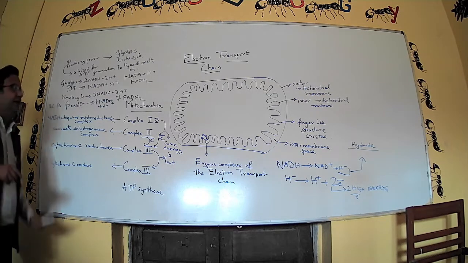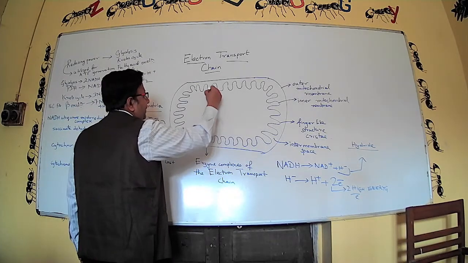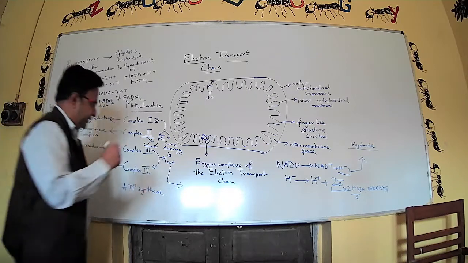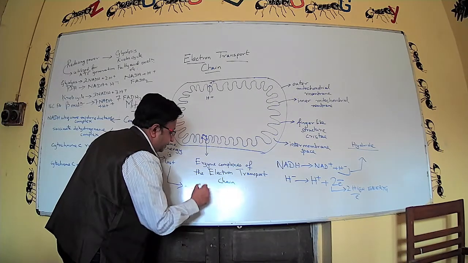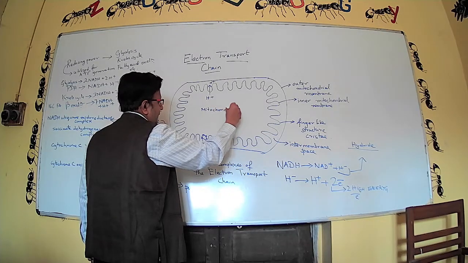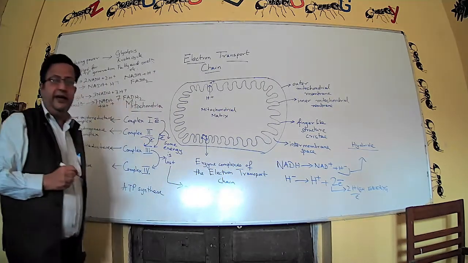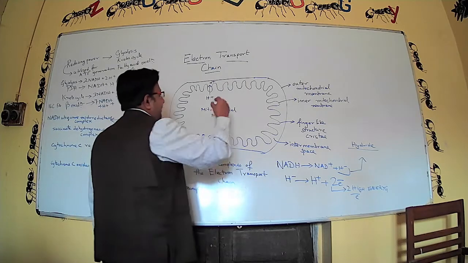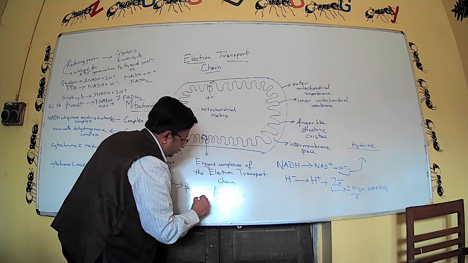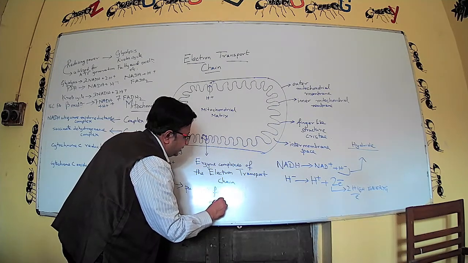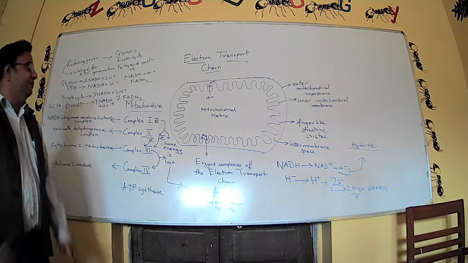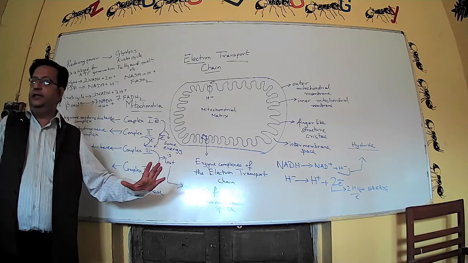Now this energy which is lost is used to pump H plus from the mitochondrial matrix to the intermembrane space. This is its function basically.